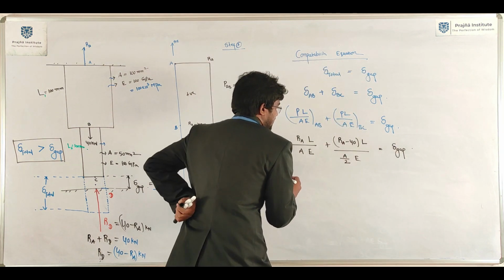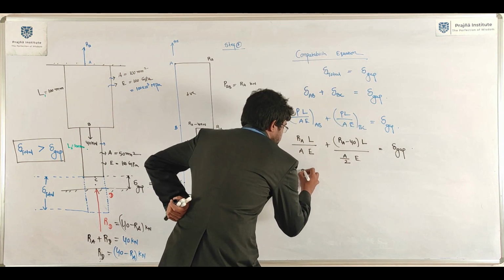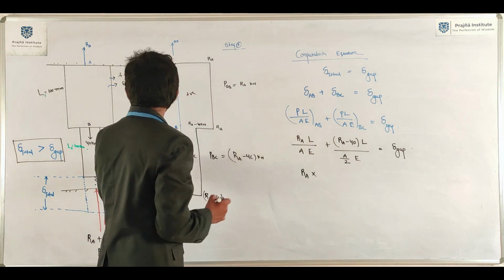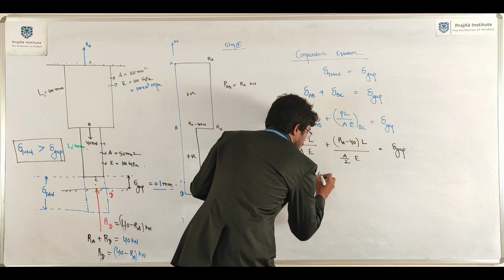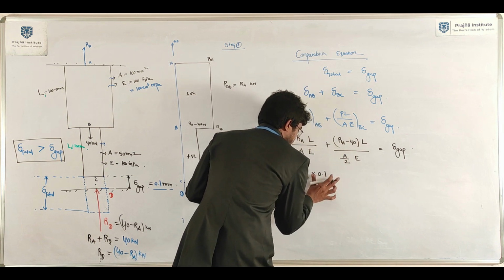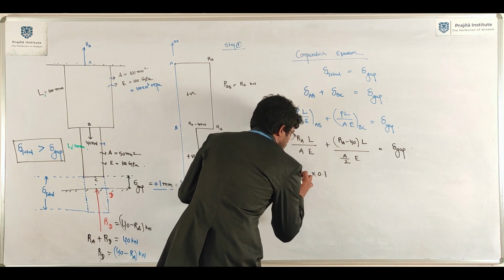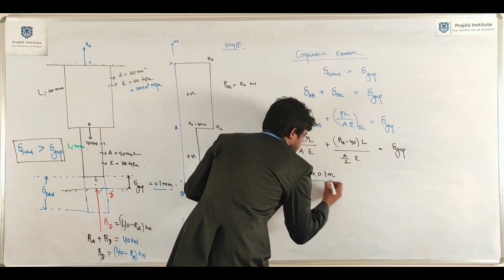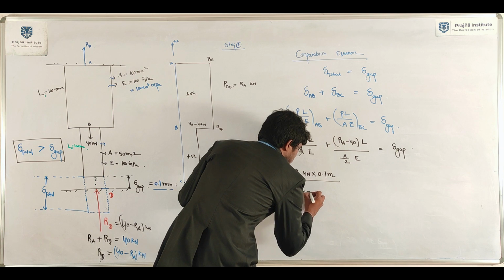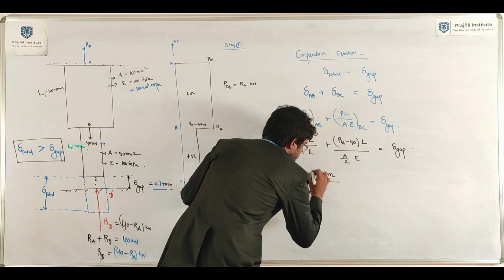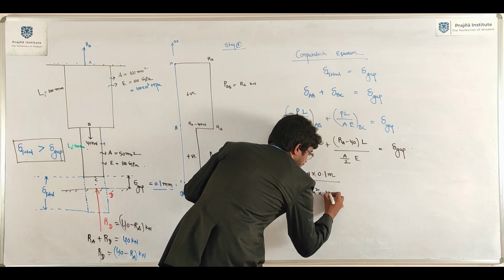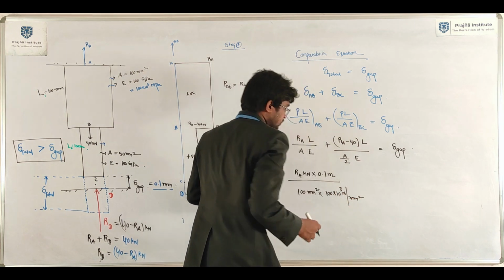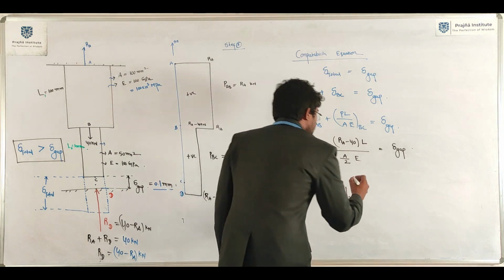Finally, what are you getting? Here RA into, L is how much? 0.1. Here RA is in terms of kilonewton, and L in terms of meter. A is 100 mm square, E is 100 into 10 cube Newton per mm square. We need to write down the units properly.